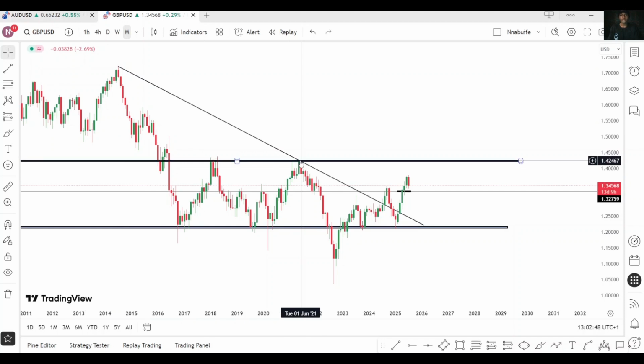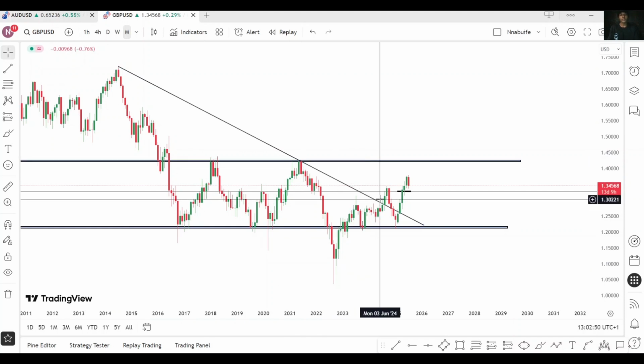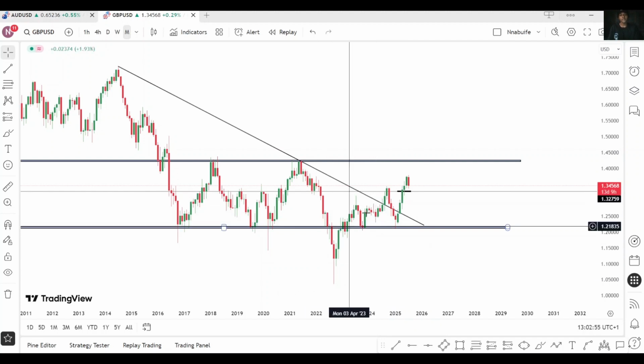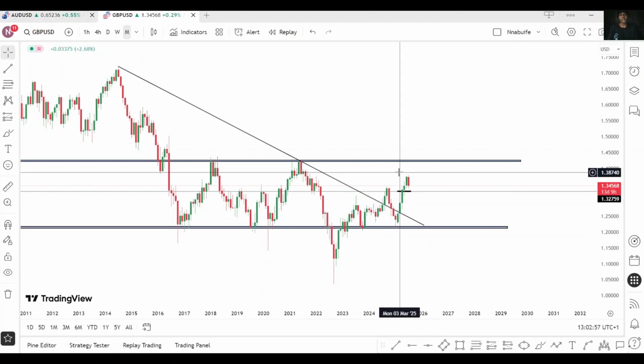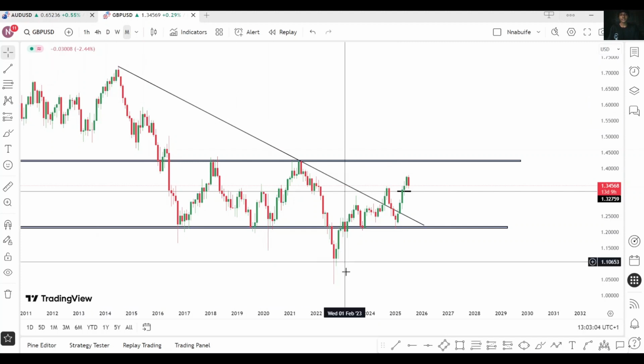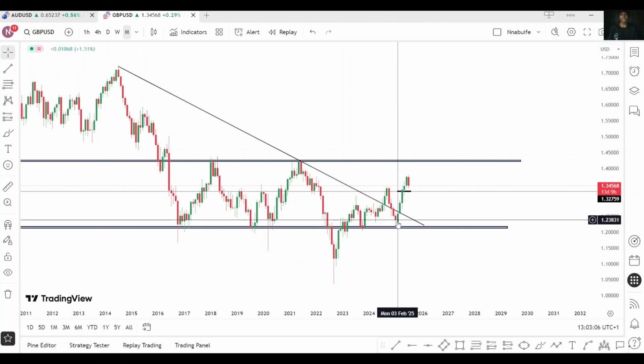Tested it again in 2021, slapped it down. We broke above it, retested it, and now we're heading to the upside. We have finally broken out of this trend line that's been holding since 2014, which kept the market bearish. So it's a change in trend.